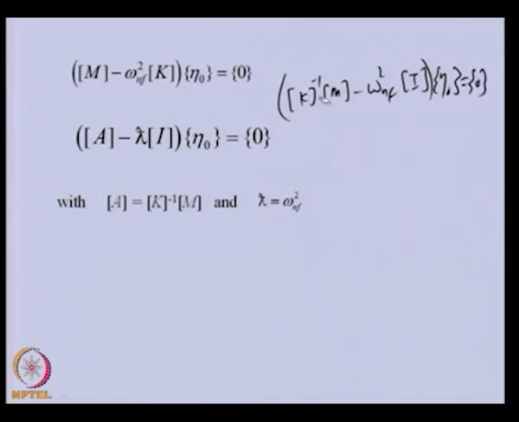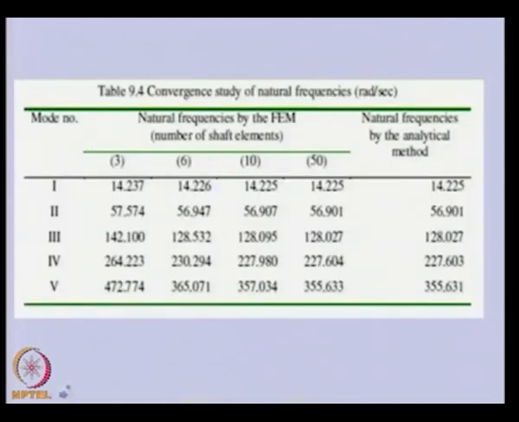This K inverse into M I am writing as A, the A matrix, and I have expressed this as lambda. So this is the standard eigenvalue problem. If we obtain the eigenvalues of the A matrix, the square root of that will give us the natural frequency, and the eigenvectors will be the mode shapes. Let us see the calculation in more detail.